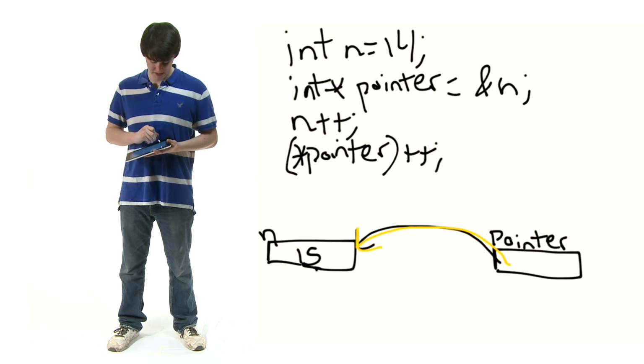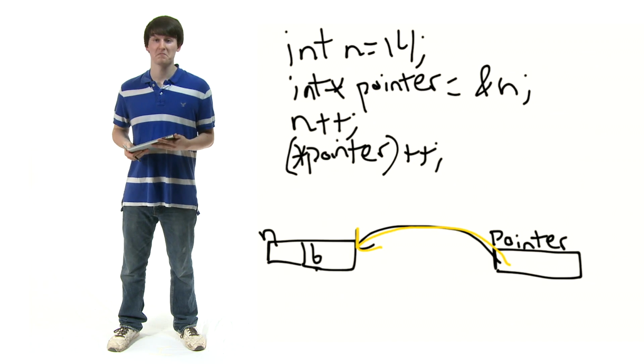So we go from 15 to 16. And that's it. N now stores the number 16 after having been incremented twice, once directly by using the variable name n, and the other through a pointer to n.